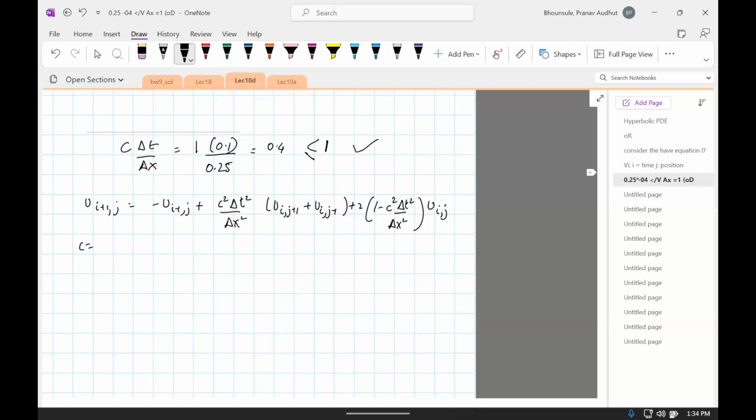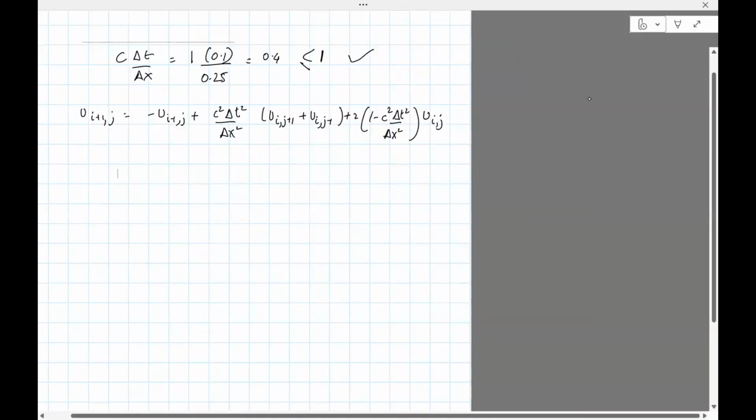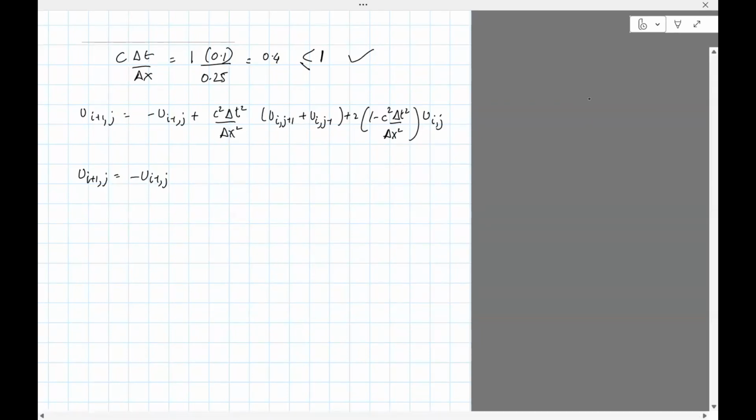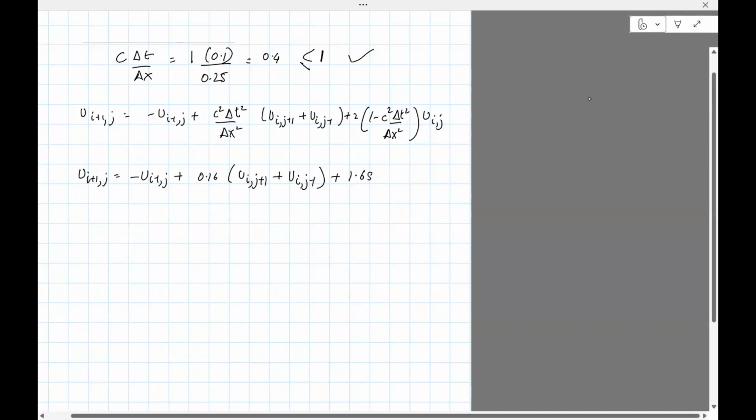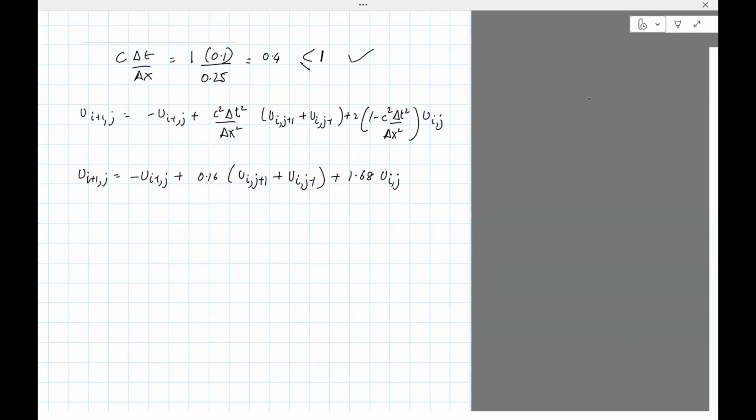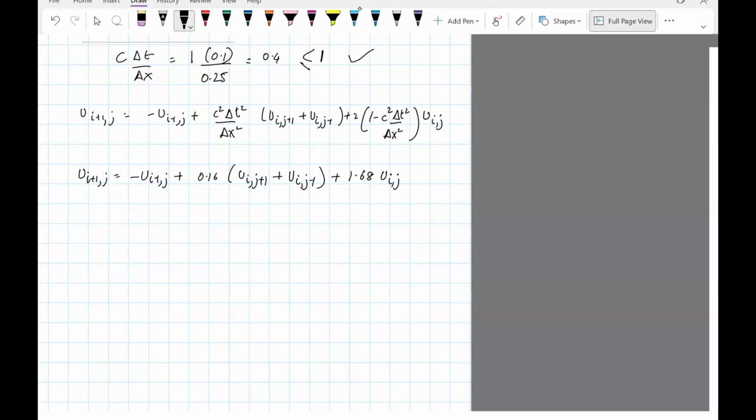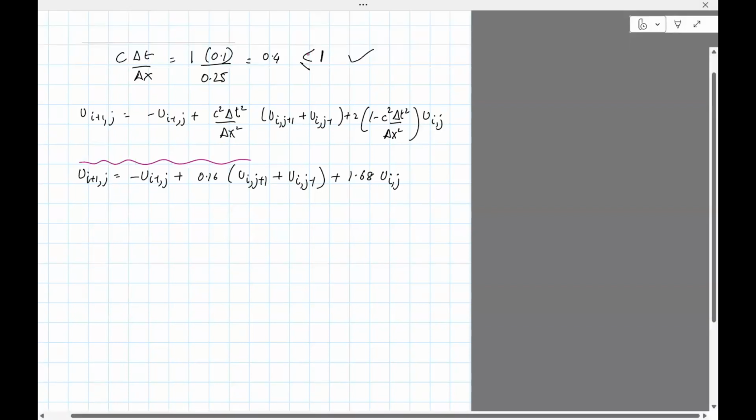And so putting this value of 0.4, we have u i plus 1 j equals minus u i minus 1 j plus 0.16 times u i j plus 1 plus u i j minus 1 plus 1.68 u i j. Okay, so this is the formula we can just use in our calculations.